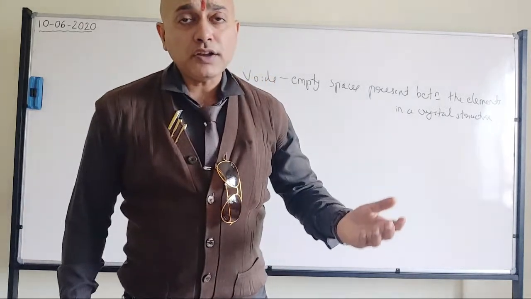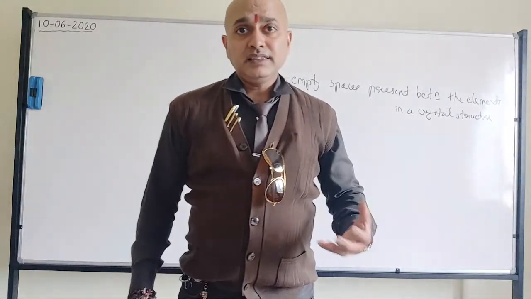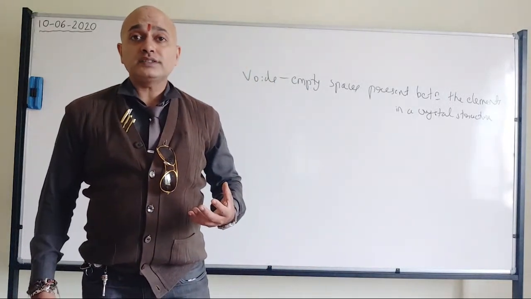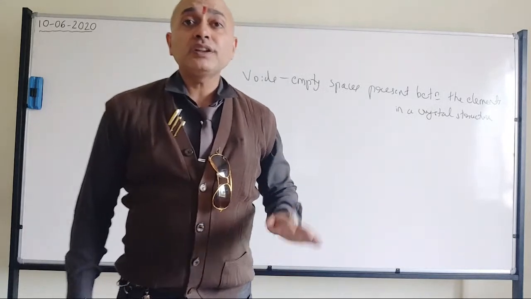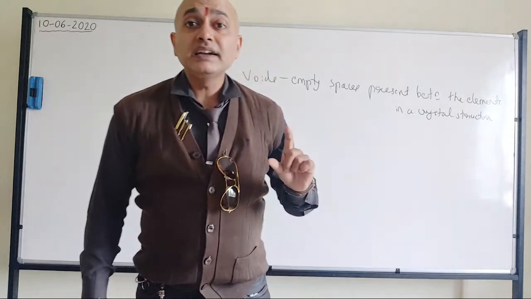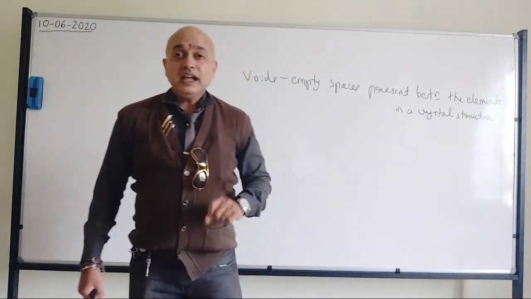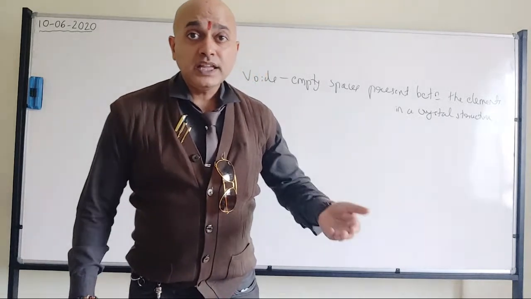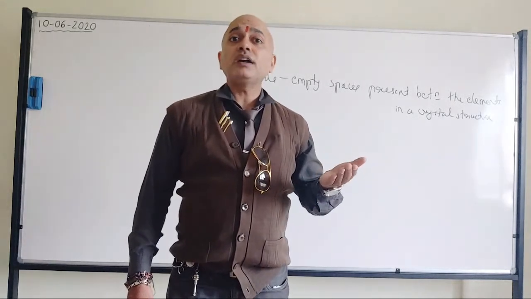Now the second case, that is octahedral voids. When it comes to octahedral voids, there will be involvement of a total of 6 elements. And whatever empty space has been formed in the first row, it will continue to the second row also.